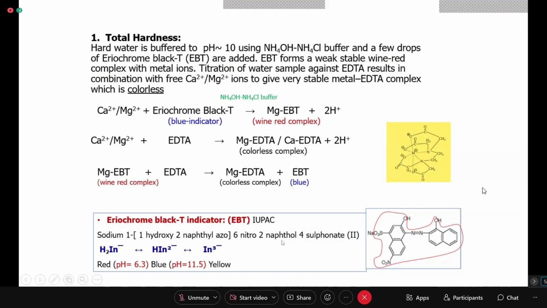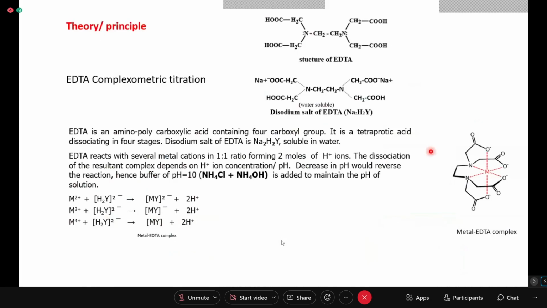So in the theory, reactions can be written on the right hand side. The structure of the metal, this structure you can write with pencil. Then you write this is sparingly soluble. Then you draw this structure and write this is the water soluble disodium salt of EDTA. These things will be written on the right hand side.